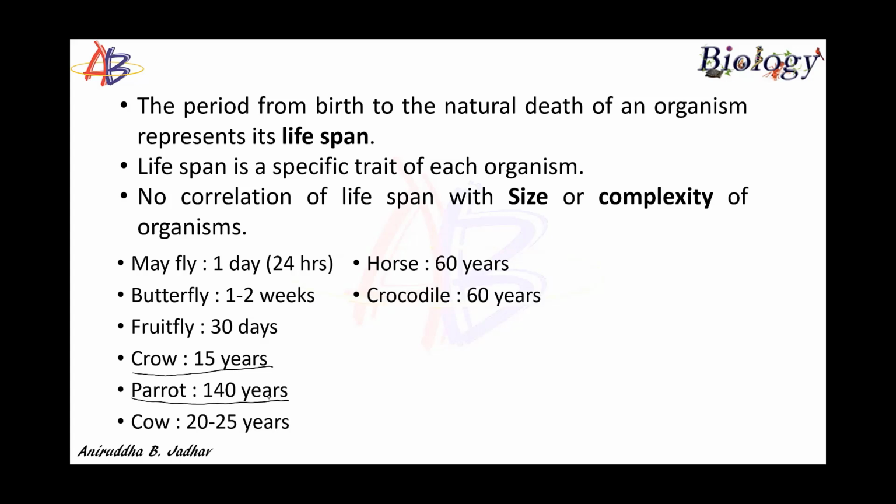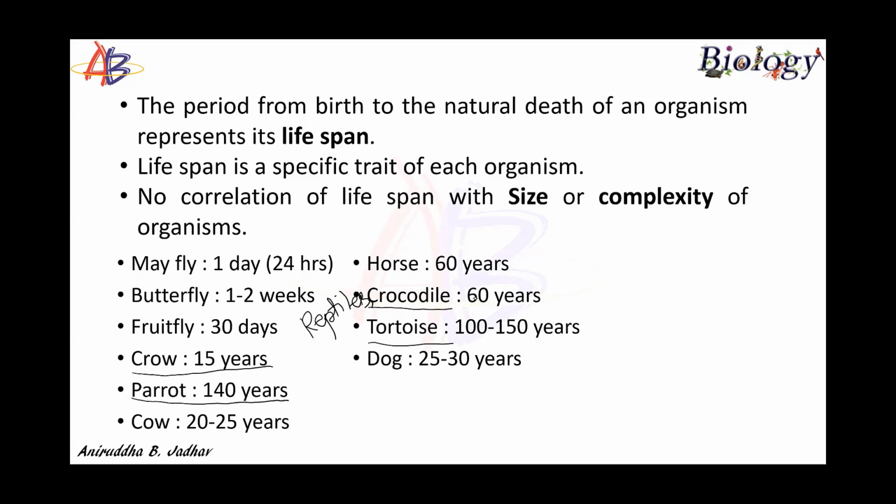Crocodile, 60 years. Tortoise, 100 to 150 years. Here also, crocodile and tortoise belong to the same group, reptiles, right? They both are reptiles, but still have a huge difference in their lifespan.